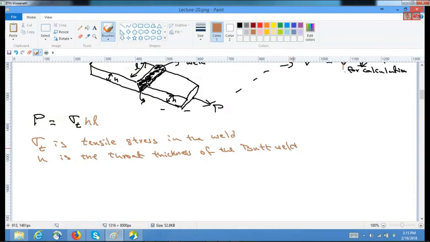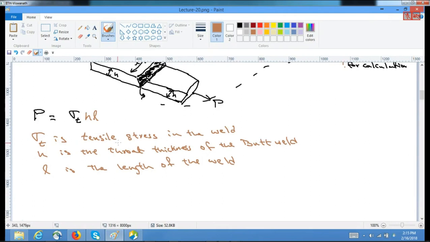L is the length of the weld. This is what the total load carrying capacity of a butt weld generally depends upon: the tensile strength.